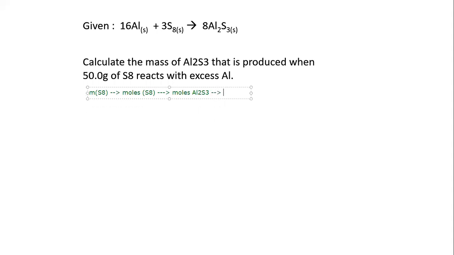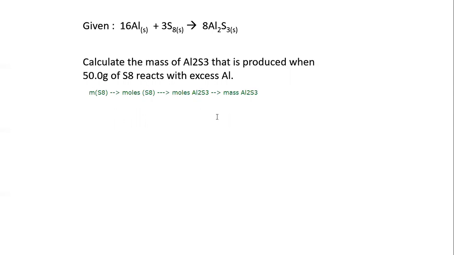Once we do that, we're going to convert it to mass of aluminum sulfide. So again, we're just adding an extra 2 steps, one at the beginning and one at the end. But the core, the moles to moles, which we did, is still the same.